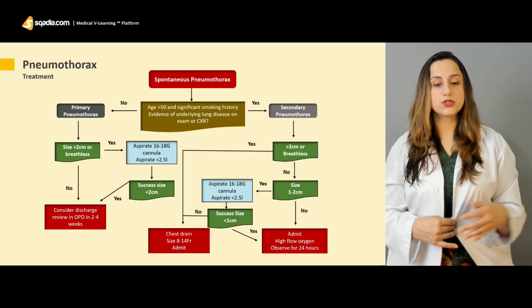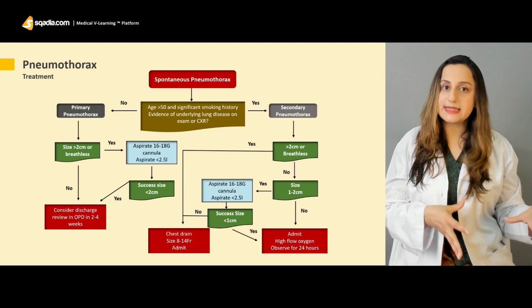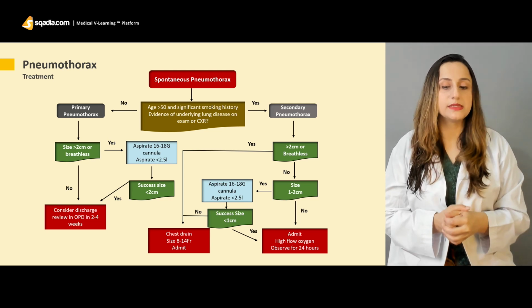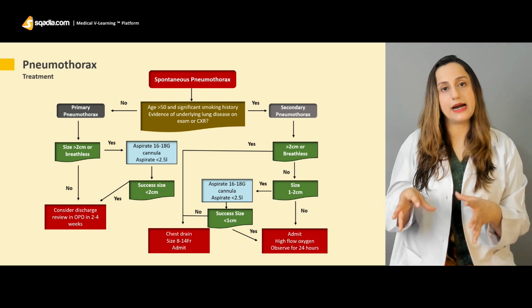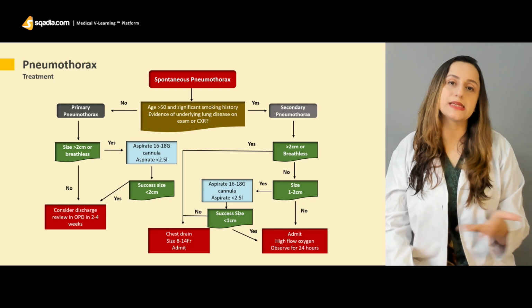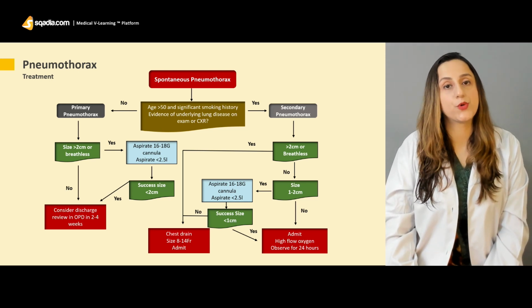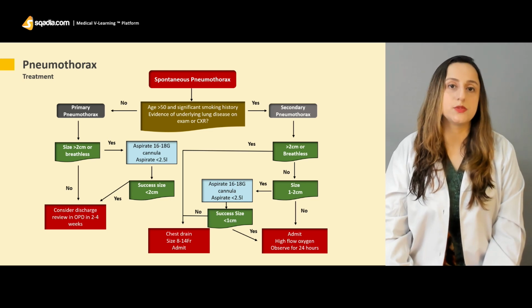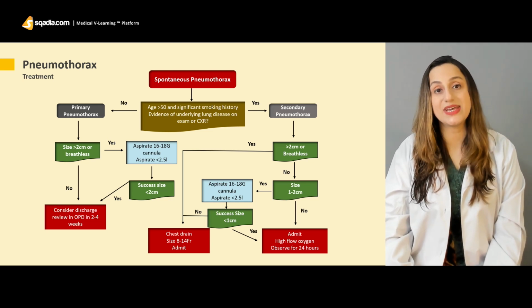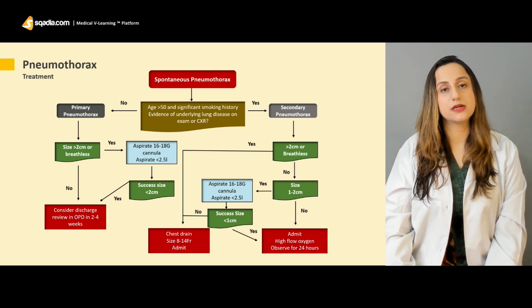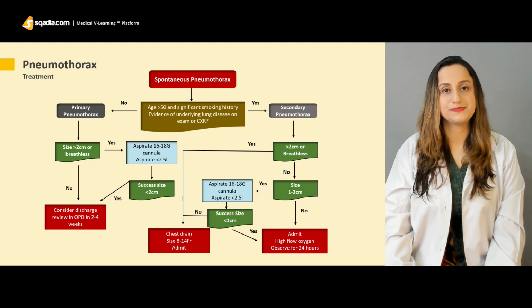Then if the size regresses to less than 1 centimeter, you can sometimes admit the patient and just follow up with the high flow oxygen and give the supportive treatment to the patient and just observe the patient for more than 24 hours and then decide what can be the further intervention that you're going to perform, whether it is a chest drain or either you can even resort to the cannula aspiration.